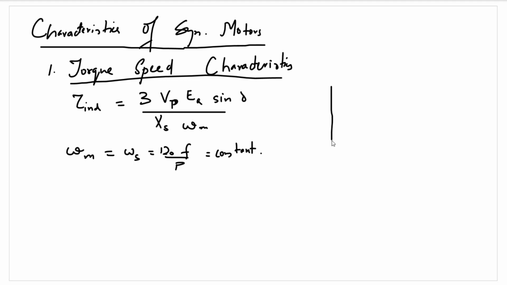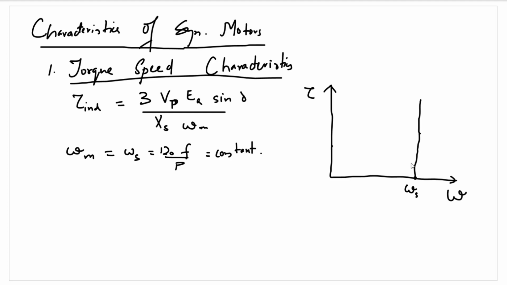So what we can see here is a synchronous value of the speed at which we'll obtain different values of the torque. So omega does not change, omega is constant.